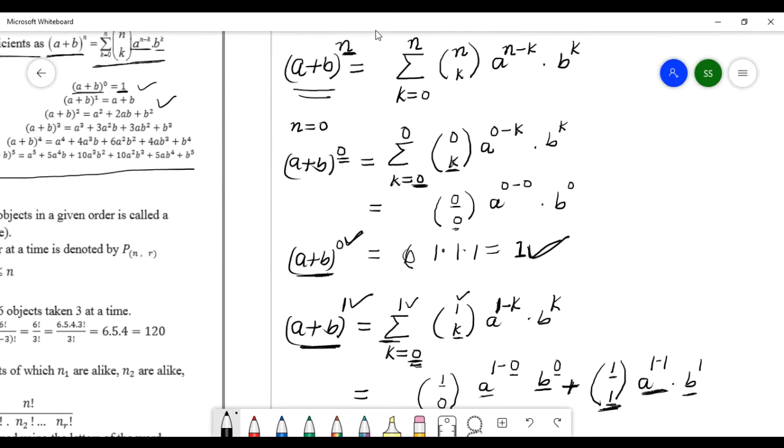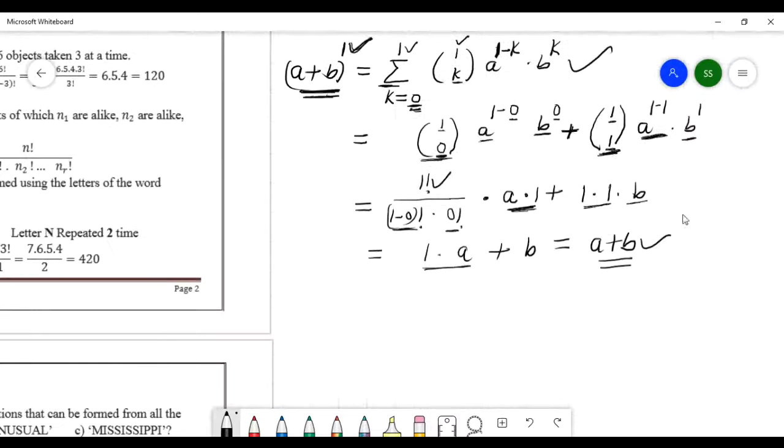Any number power 0 is 1 directly here. And here a plus b power 1, a plus b power 1 is a plus b, directly a plus b. No need for this, no need for this. A plus b power 1 is a plus b, you know this. Okay, so no need for this.